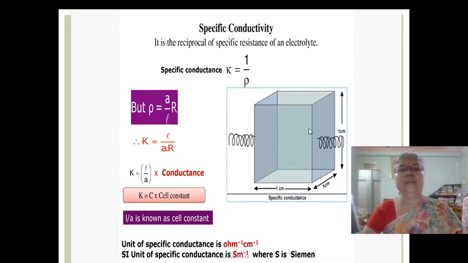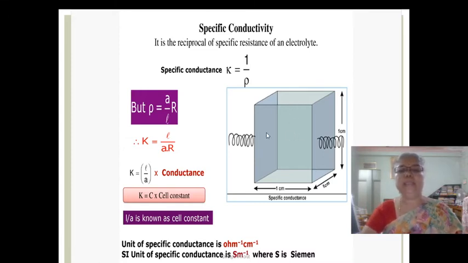Then, another definition of specific conductivity: suppose this is a container that contains a unit volume of an electrolytic solution, and this cube has length, height and breadth equal to 1 centimeter. That means in this cube we have 1 cubic centimeter of solution, and the conductance of this 1 cm cube of solution is also called the specific conductivity of the solution.